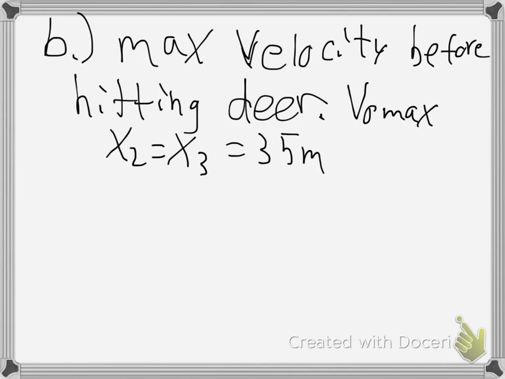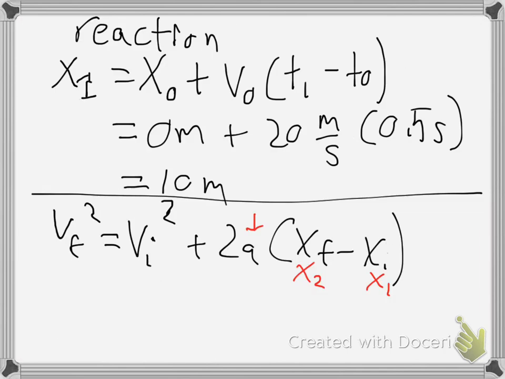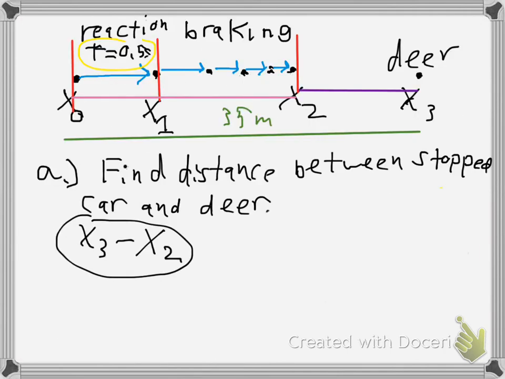Because we have to consider the velocity for both parts, we actually want to work around this backwards. Remember that the distance from x1 to x2, or wherever the car comes to a stopping point, depends on its velocity, but where x1 is also depends on its velocity.